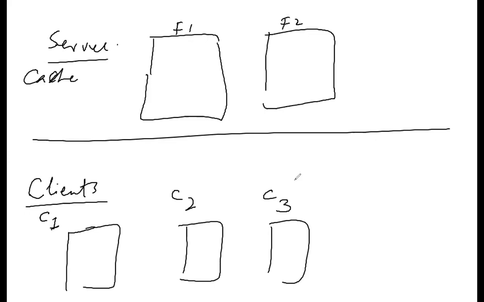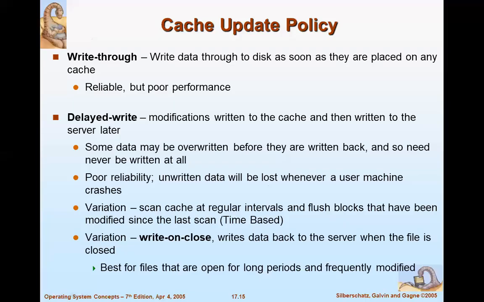So actually write through, as we discussed here, writes data through to the disk as soon as it is placed in the cache. It is reliable, but it has very poor performance.